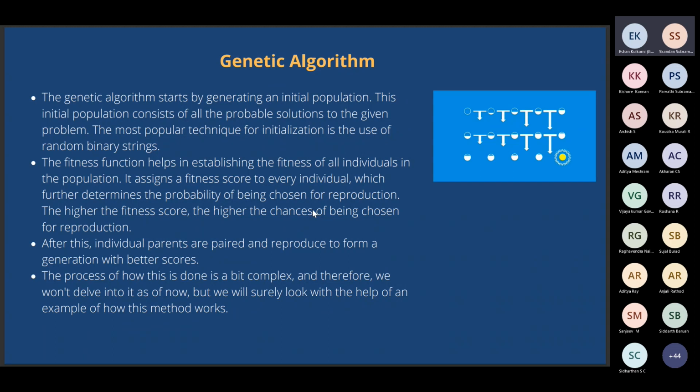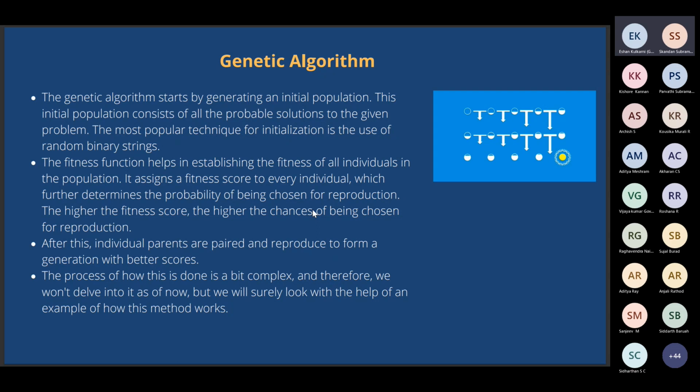This fitness score determines the probability of that point to be chosen for reproduction. It also tells us how much better it is than the other solutions. So the score is the measure of these things, and the higher the fitness score, the higher the chances of being chosen for reproduction. In the next steps, we allow these points to reproduce in pairs of 2.